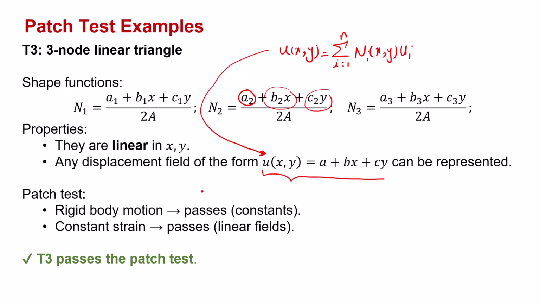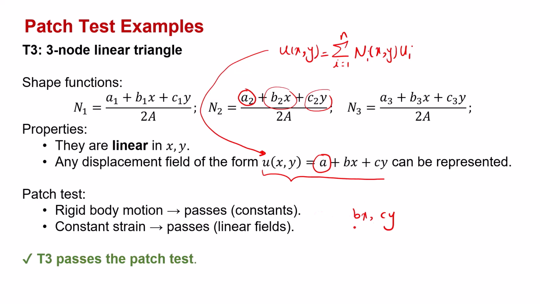First, for rigid body motion, the displacement field is constant or corresponds to a rigid rotation because of this constant term. Since constants are included in the interpolation, the T3 element reproduces rigid body motion exactly, so it passes this test. Second, for a constant strain state, the displacement varies linearly with position, so we have bx and cy terms, which are linear terms with respect to x and y.